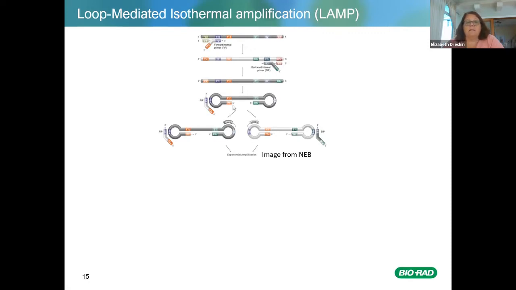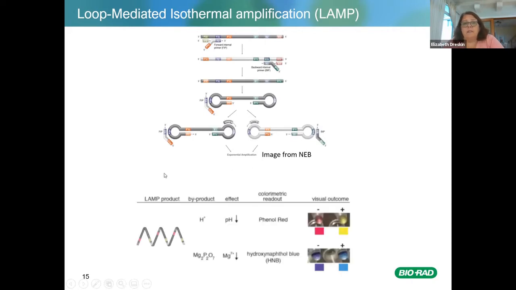So once there's a primer bound to a template, the polymerase can go through and separate the strands as it's synthesizing a new strand. There are several methods to detect the LAMP reaction, and this is just an example of one of the products, but there are so many different products that can be formed from this type of reaction.